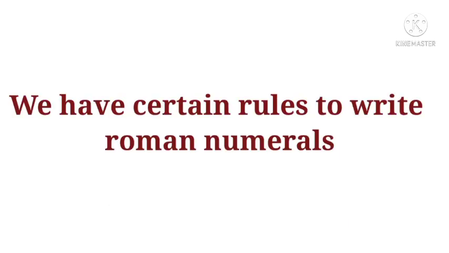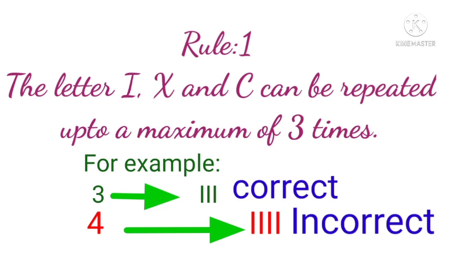We have certain rules to write Roman numerals. Rule 1. The letters I, X and C can be repeated up to a maximum of 3 times. For example, 3 can be written as III.